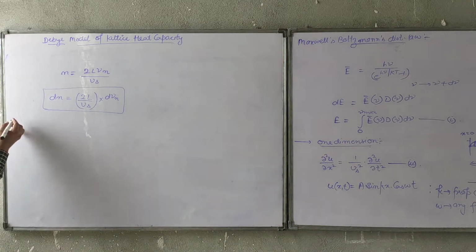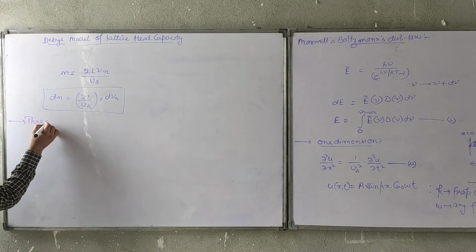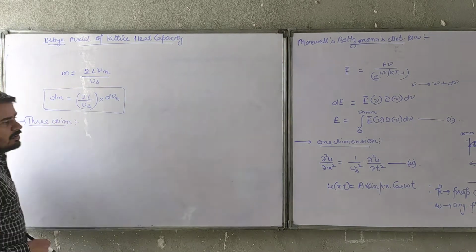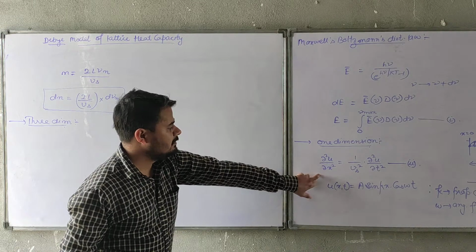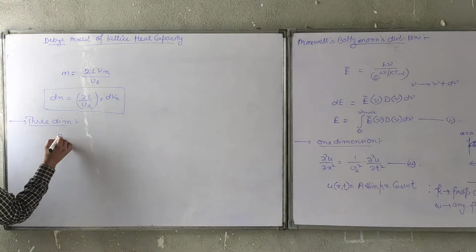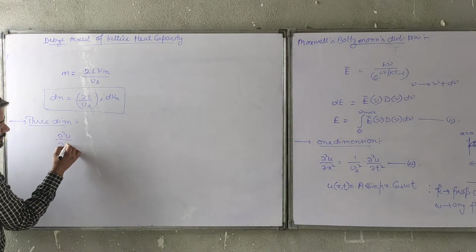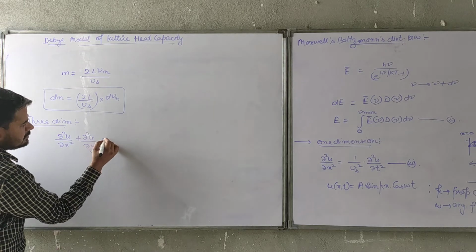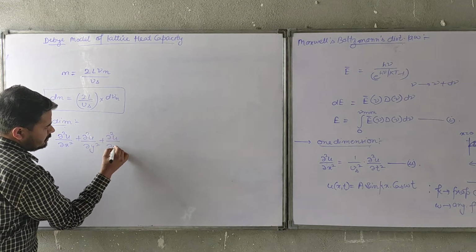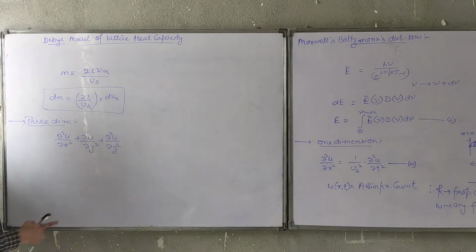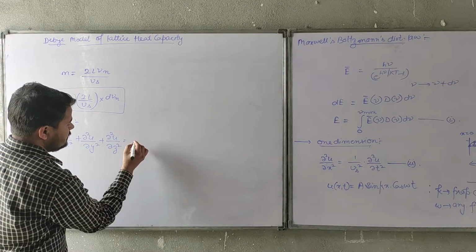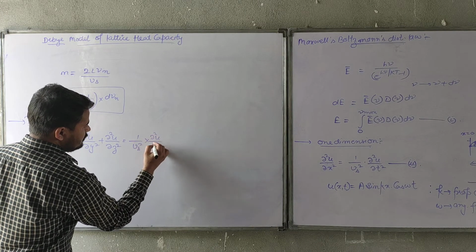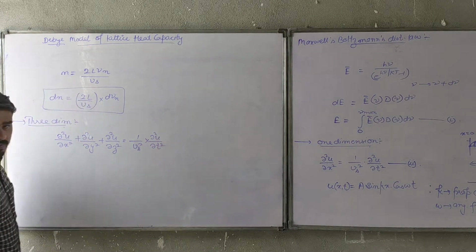In the three-dimensional case, the equation of the wave becomes curl 2 u by curl of x square plus curl 2 u upon curl of y square plus curl 2 u upon curl of z square equals to 1 upon vs square into curl 2 u by curl of t square.